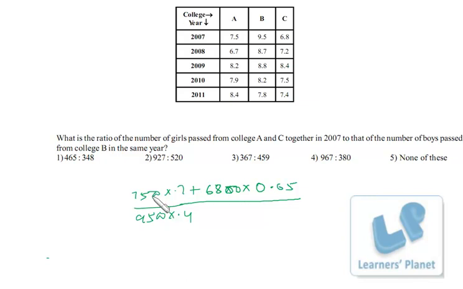So first of all, remove the zeros from numerator and denominator. Okay. Further, 5, 8, 14 and 13. See, there is a plus sign over here, right? So be careful about the calculation. This is for college A and this is for college C, right?